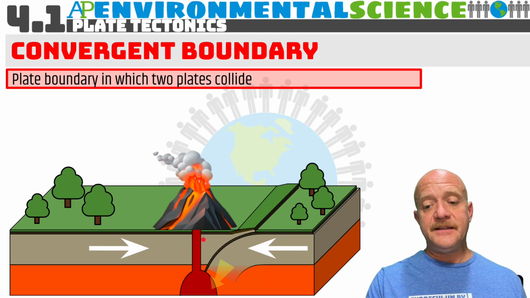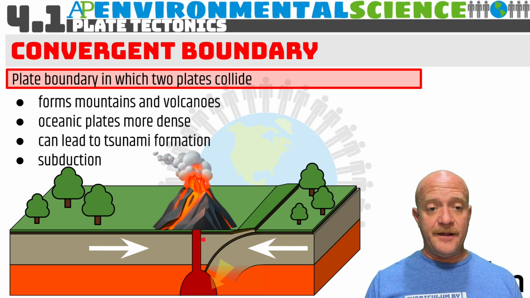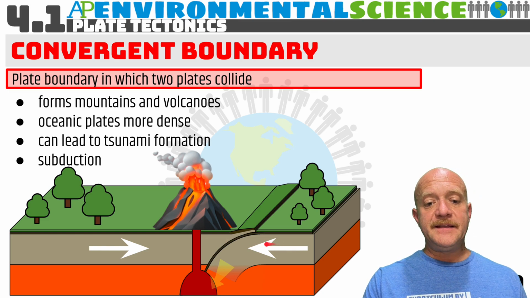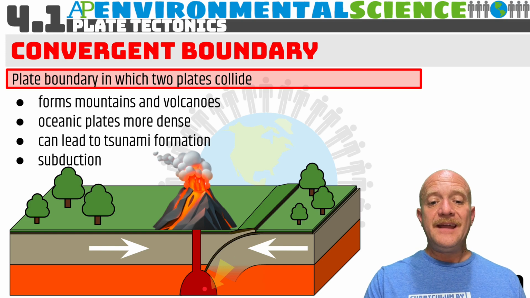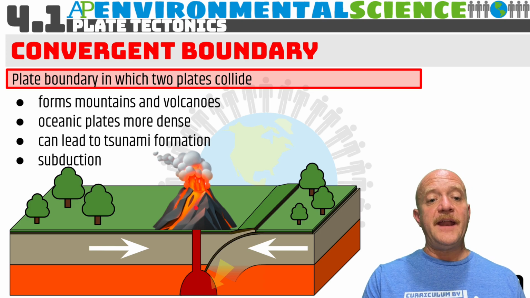One plate goes into the other. When this happens, you can form mountains and volcanoes, because the lithosphere is being pulled down and melting into molten rock, and that rock needs to escape, usually through a crack in the Earth's surface, and that's when volcanoes are formed.